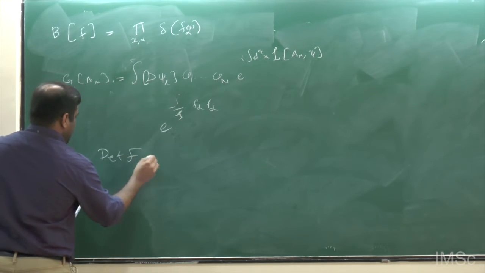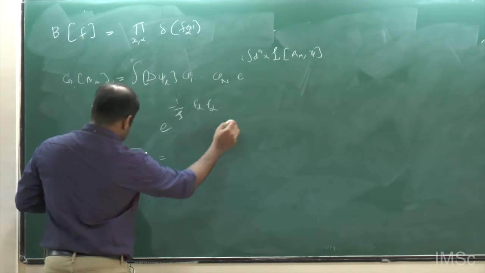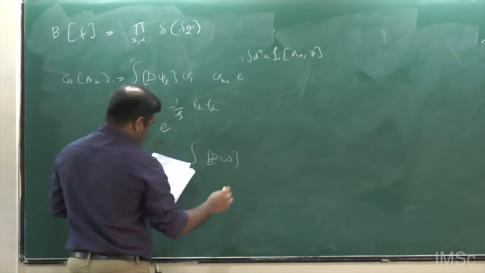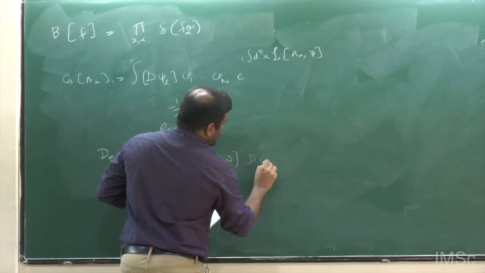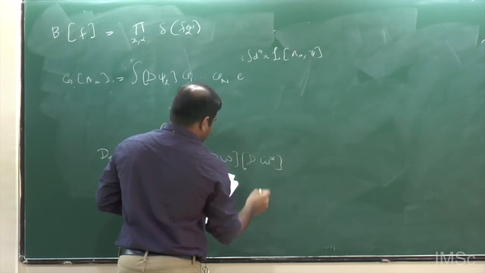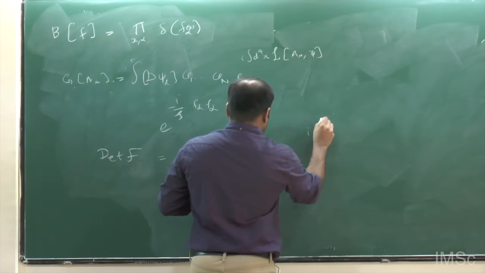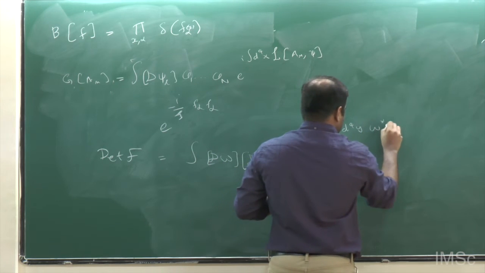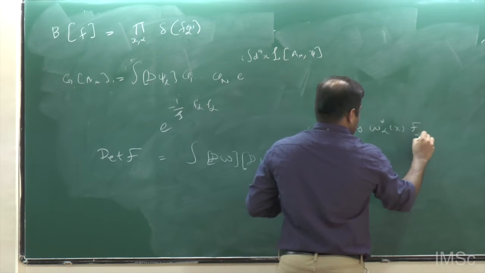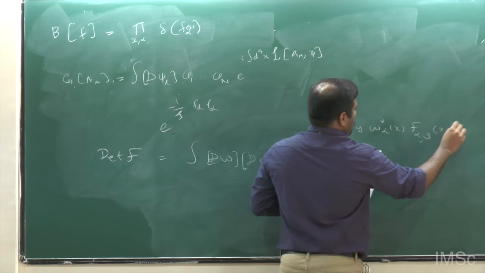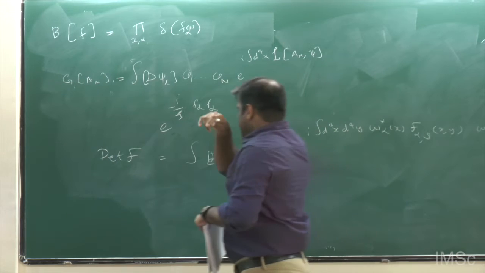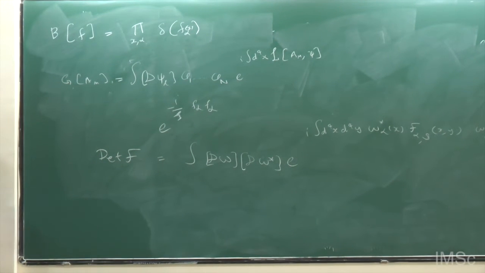So that's one observation. The statement is the following: the determinant of f is equal to a functional integral over d omega and d omega star. These omega and omega star are independent fields.